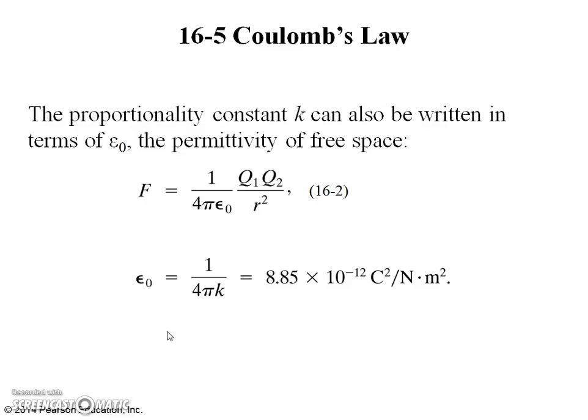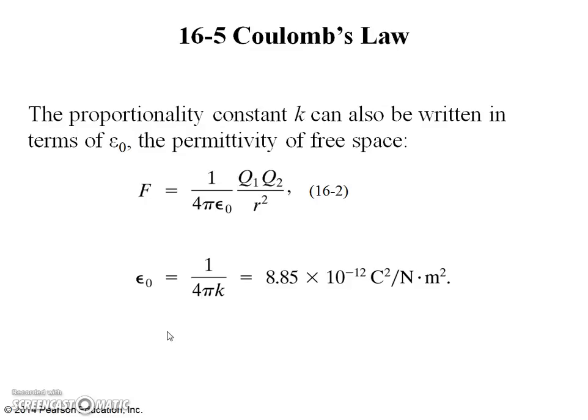The constant k in the equation is often written in terms of another constant. It's called epsilon naught, that's a Greek letter, a little e, and we call that the permittivity of free space. Again, it's the permittivity of free space. That's what epsilon naught is called. It's related to k by k equals 1 over 4 pi epsilon naught.